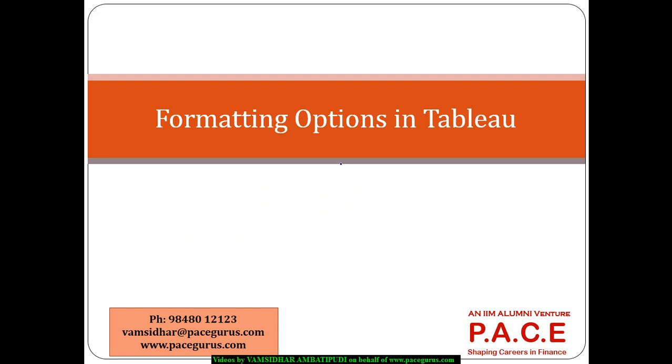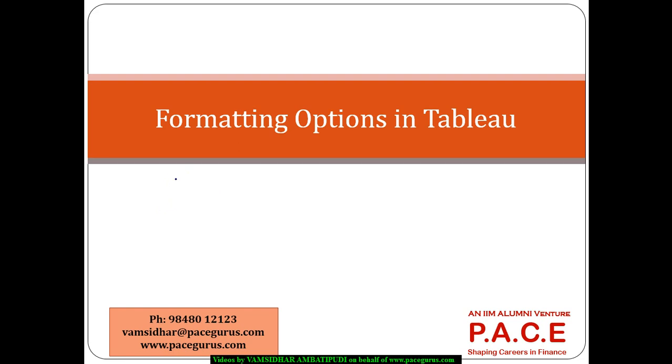And when it comes to Tableau, the different kinds of formatting options, whenever I am talking about formatting, we are talking about fonts, colors, shadings, alignments. The default ones are taken care of to the fullest in Tableau.